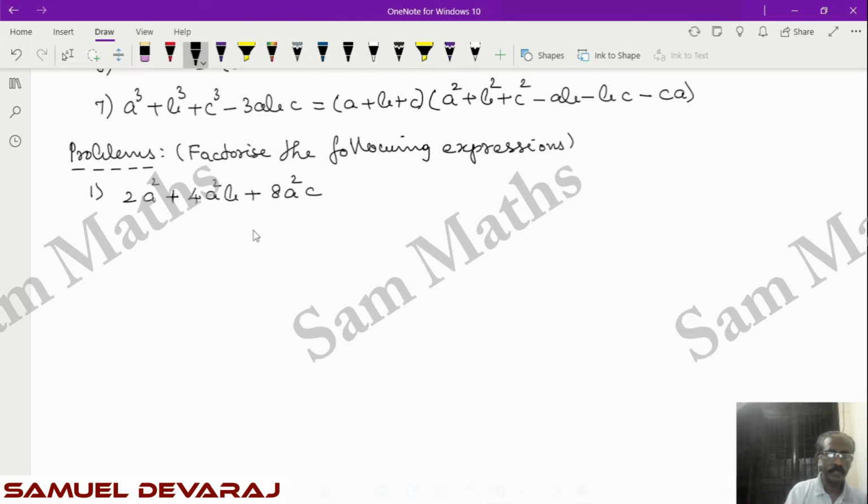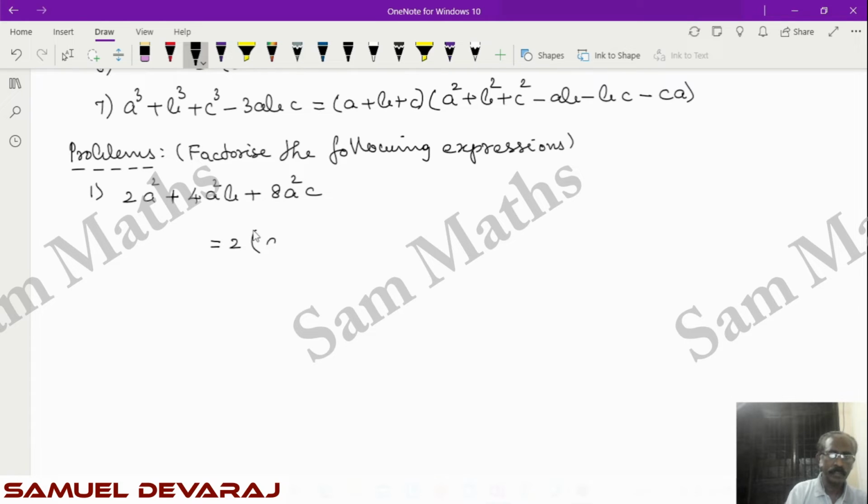Here just have a look at what is common in the coefficients. Here 2, 4, 8 are the coefficients of a², a²b and a²c. Out of 2, 4, 8, 2 is common, so first you take 2 outside.